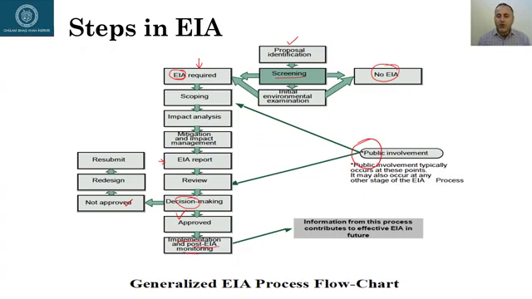Now, the involvement of the public, as I was saying in my last lecture, is extremely important. It creates ownership among the public for the project. People think that whatever the project being carried out, the government or the private company is really valuing their feedback.